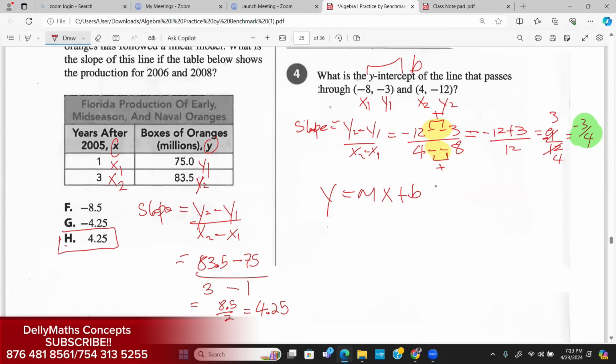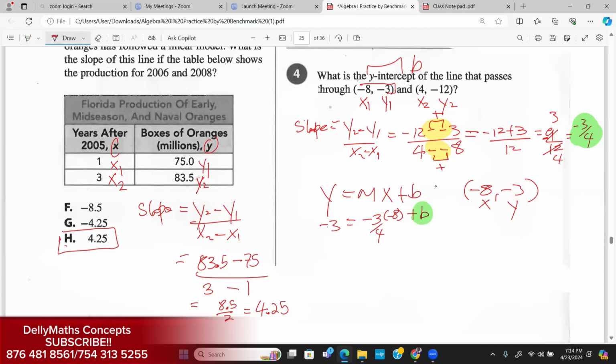I'm going to use -8 and -3 to assist me. This is x, this is y. Let us substitute. So -3 is equal to m, which is -3/4, times x, which is -8, plus b. The intention is to find the value for b, and that is going to be my y-intercept.